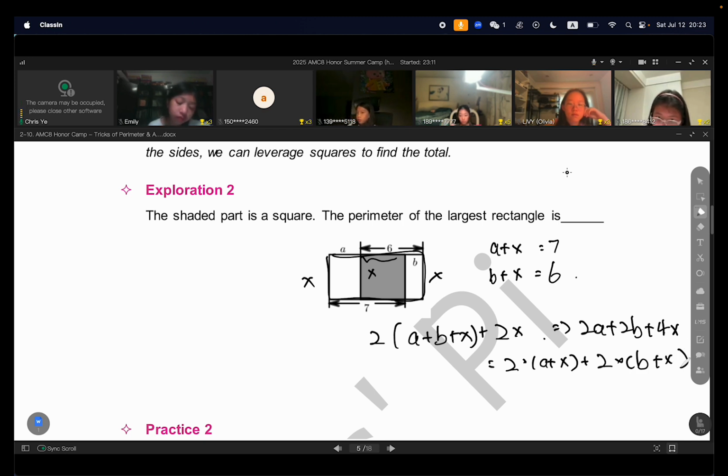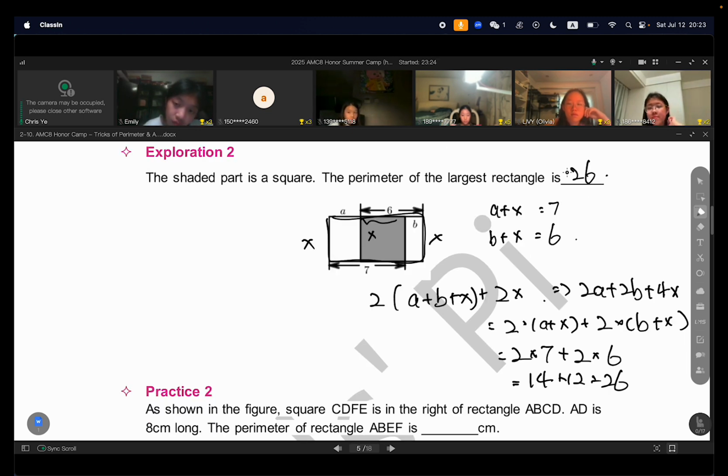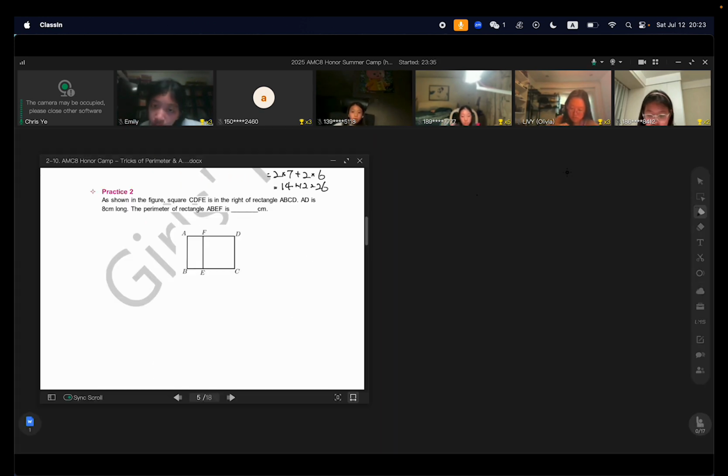So that's going to be 2 times 7 plus 2 times 6 equals 14 plus 12, and that will be 26. So mainly we can just use an equation and substitution as well as variables to find out the answer. And this is also quite simple because it's all squares. We can move on to a practice problem.